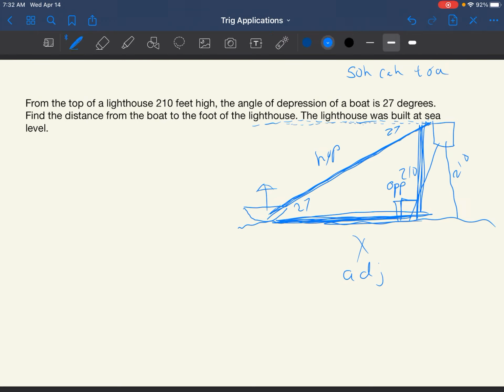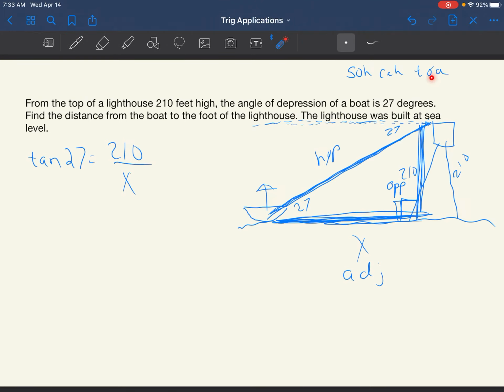So I'm going to set up my equation over here. I have tan, and following the tangent is always going to be my angle. So tan 27 equals the opposite, which is 210, divided by the adjacent, which is x, because that's what I'm trying to find.